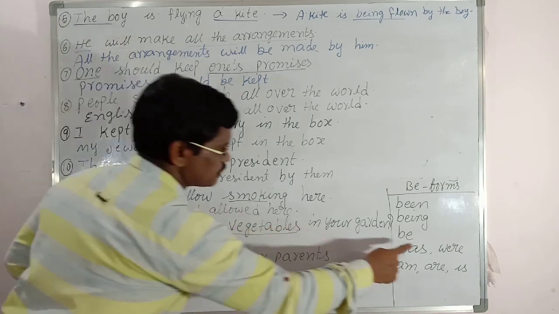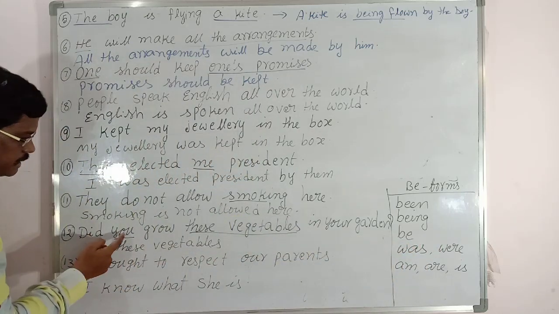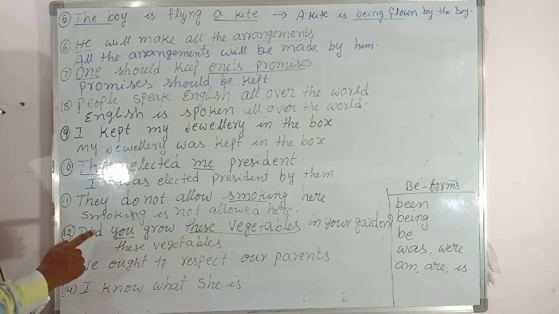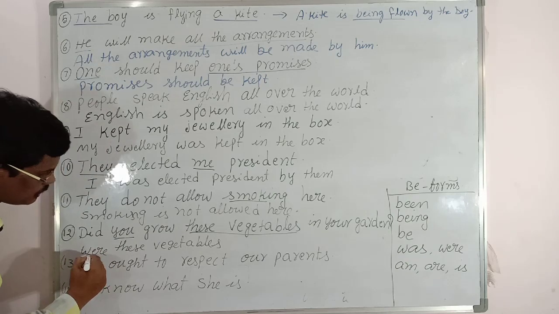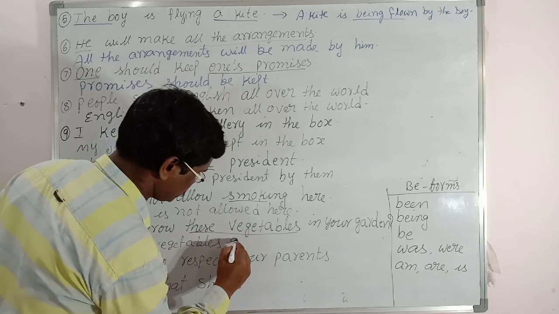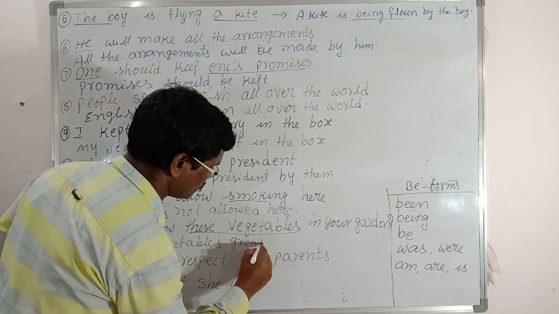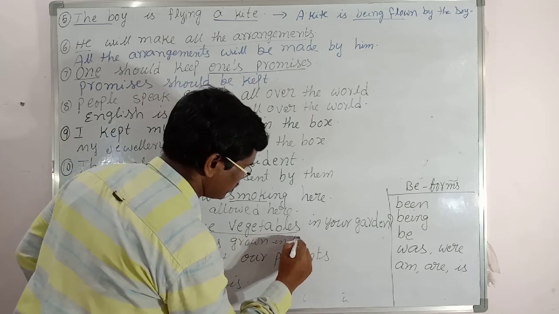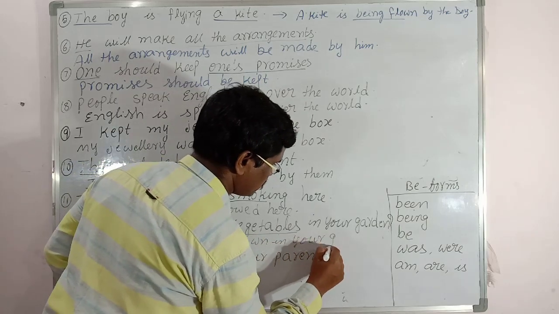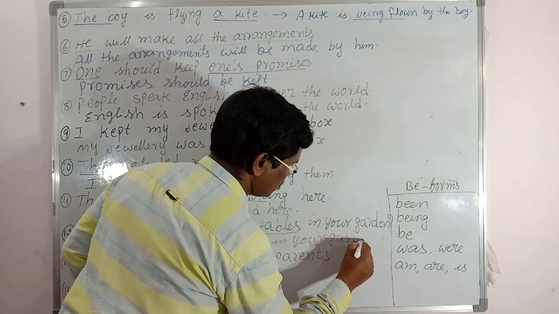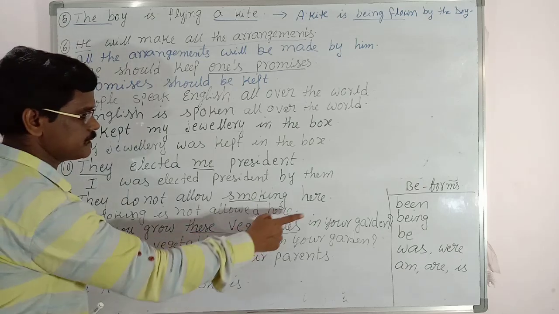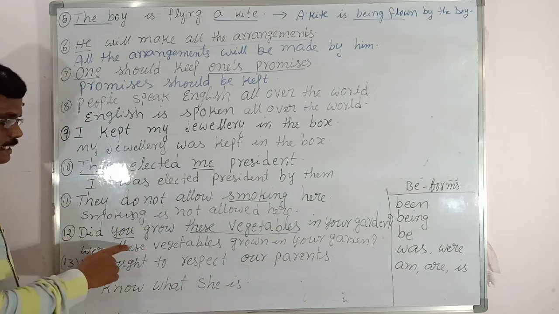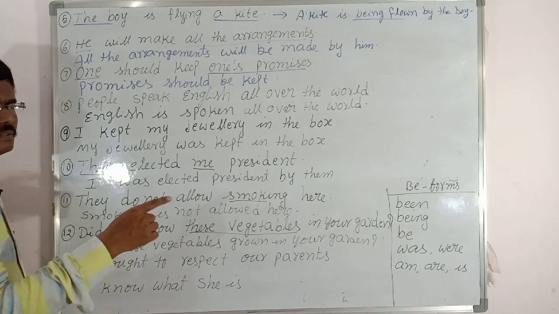Many. Many means we use were. Here where is the helping verb? It comes before the subject. That means in questions the helping verb is used before the subject. So here also we use the same. Were these vegetables grown in your garden? Question mark, very important. See, did you grow these vegetables in your garden? Were these vegetables grown in your garden?